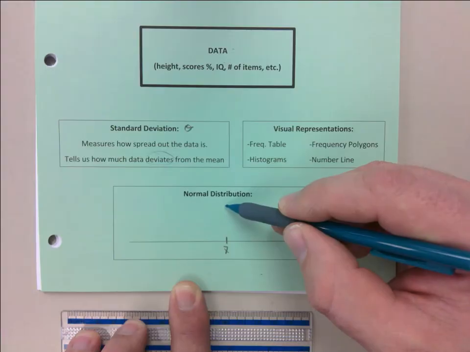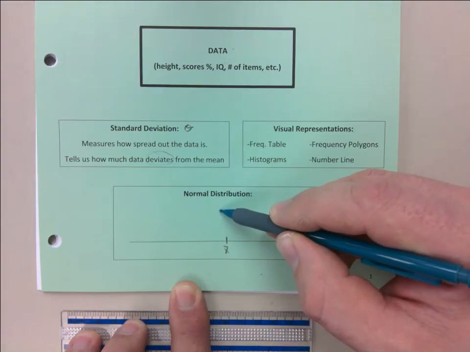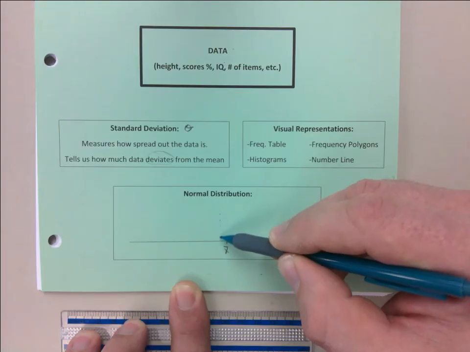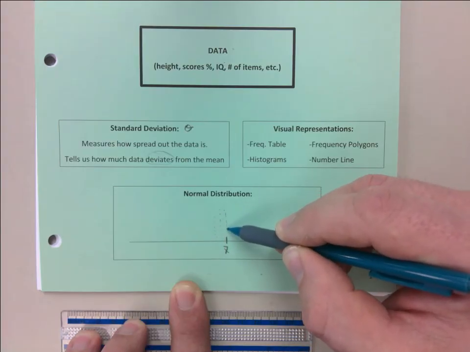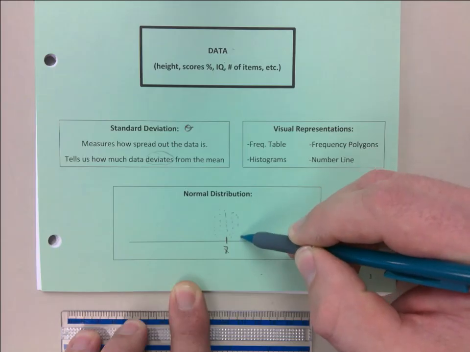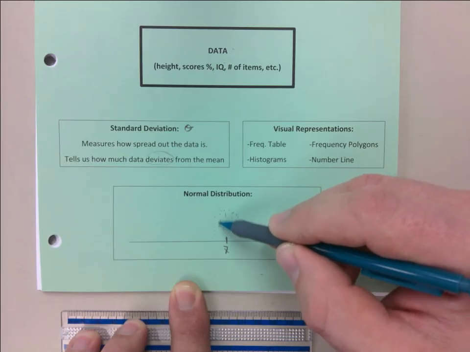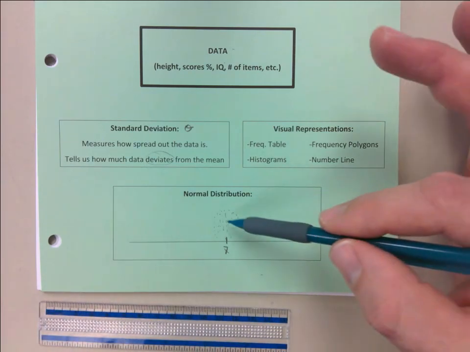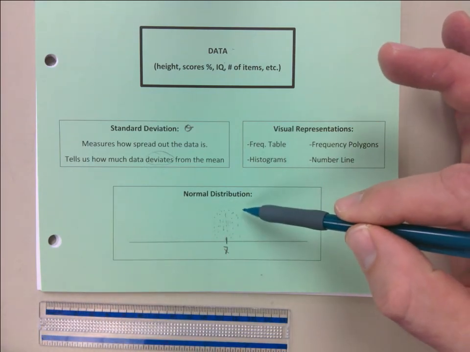If we were to stack our data, if every data point represented a dot, it would land somewhere in here.